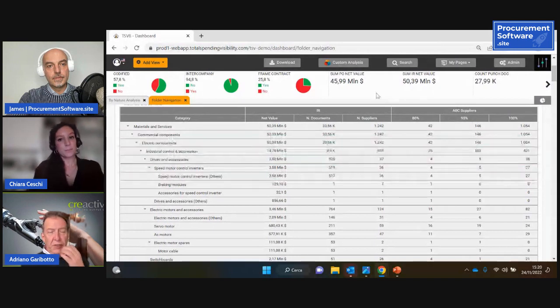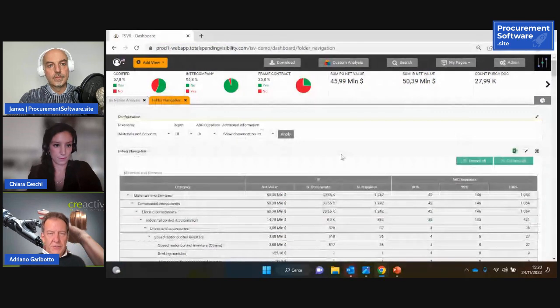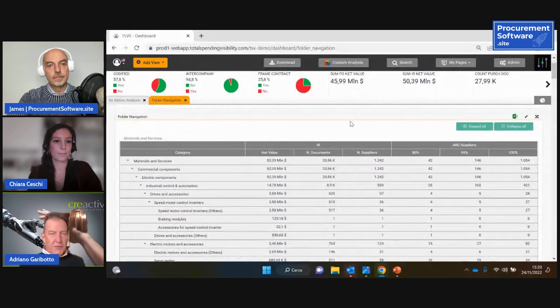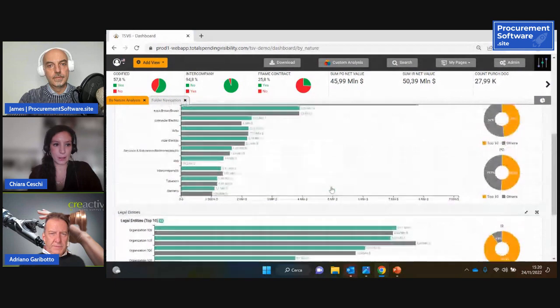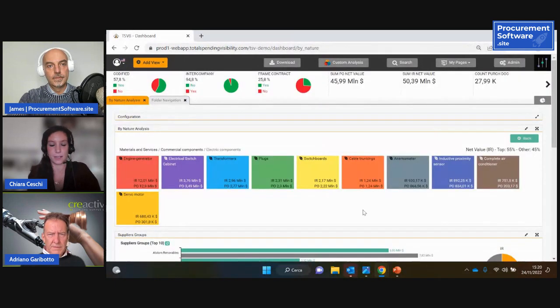And I suppose that you can show, for example, how a category manager that is in charge of the electric components can show the top 10 subcategories they have to deal with. Yes. For example, if we go back into here, we can see the top 10 subcategories where the spend is divided into. So in this case, generators, switches, or other kind of electric components.